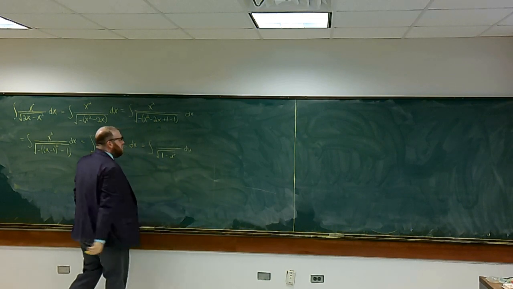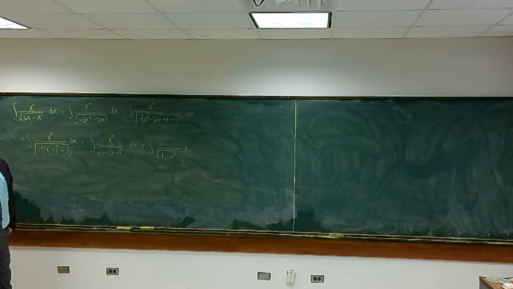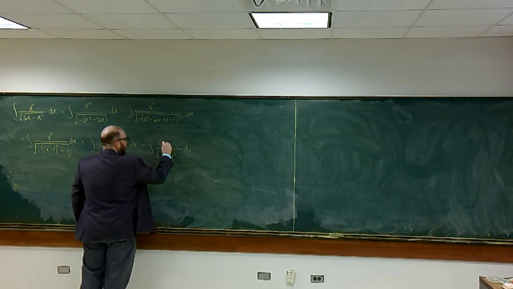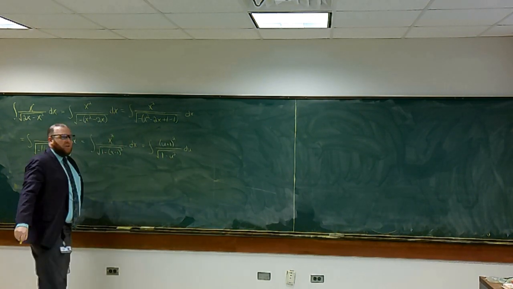You get the du in the numerator. Uh-oh. What is x squared then? If u is x minus 1, what is x? x is u plus 1. So the denominator becomes u plus 1 from x squared.